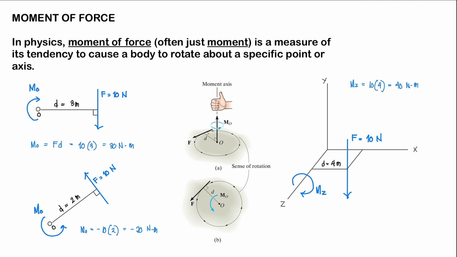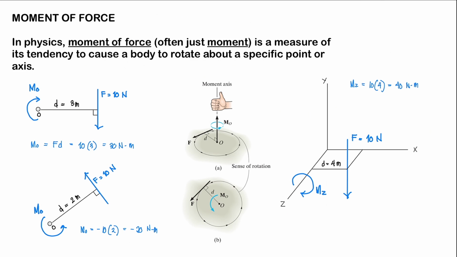Now, the magnitude of that moment is equal to the force that is being applied multiplied by the moment arm, or the perpendicular distance d from the axis at point O to the line of action of our force.